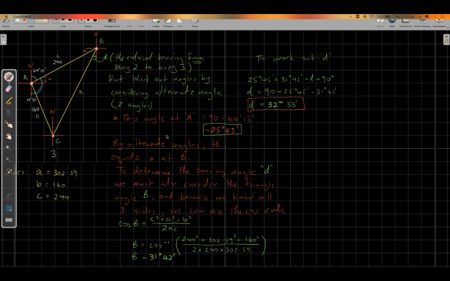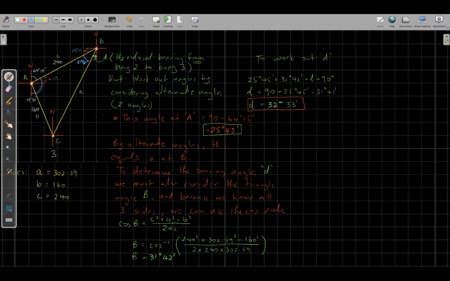So we've got 31 degrees and 42 minutes in there. Okay. We've also got this angle here we're trying to work out, and this angle in here was 25 degrees 45 minutes, because that's what this was, 64 degrees 15. Take that away from 90, 25, 45.